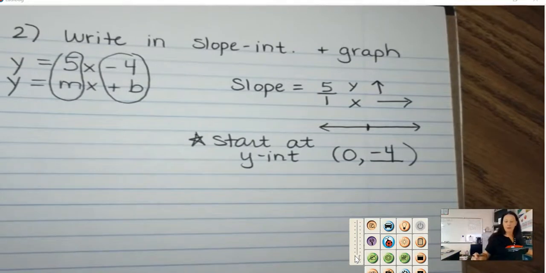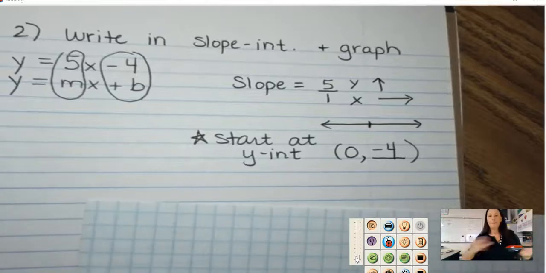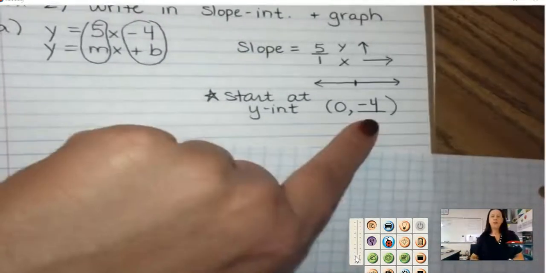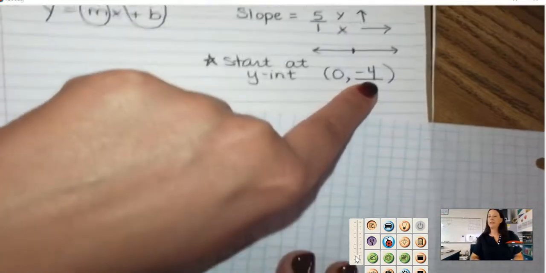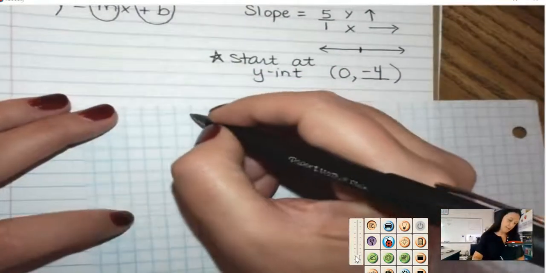Okay, grab your graph paper. Make sure you give it enough space that you're going down to at least -4 on the y-axis.